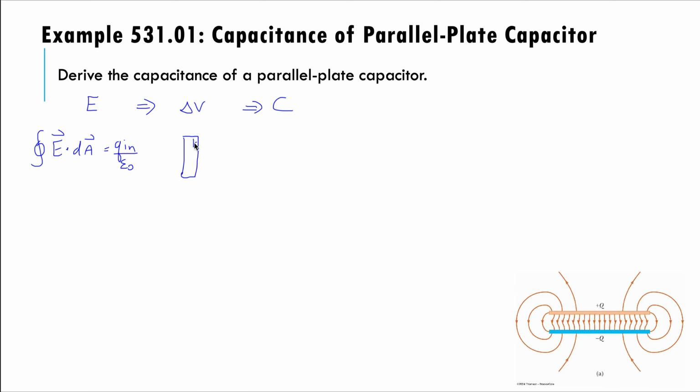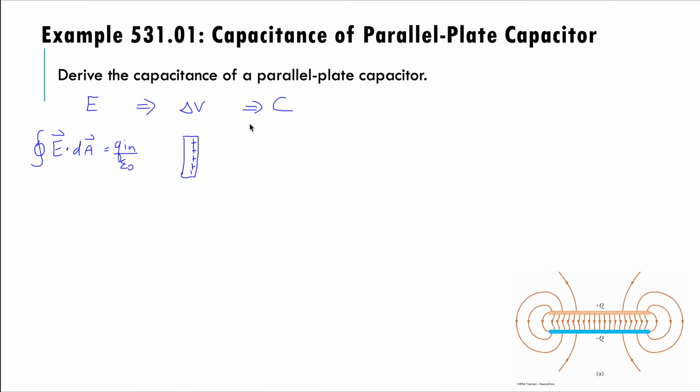And we know that the charge is going to be on the inside of the plate, right? Because if you have the other negative plate over here, the negative charge is going to be on the inside because they're going to be attracted to each other. So that's the first thing.